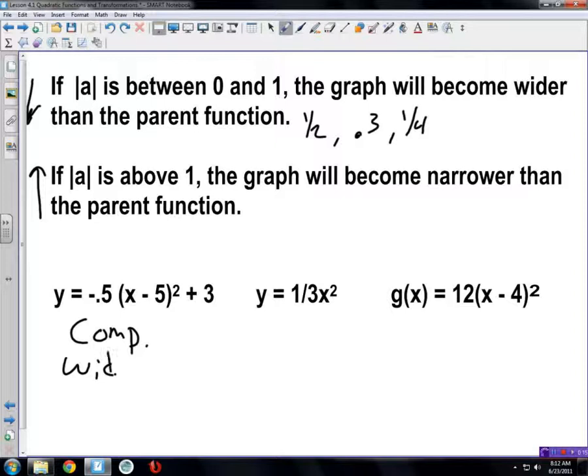If you want to think about it as being shorter, those are all ways to think about it. The middle one, number 2, the A value is 1/3. This one's going to be a compression again. It's less than 1. And g of x, the A value is 12, which is larger than 1. So this is going to be a stretch.